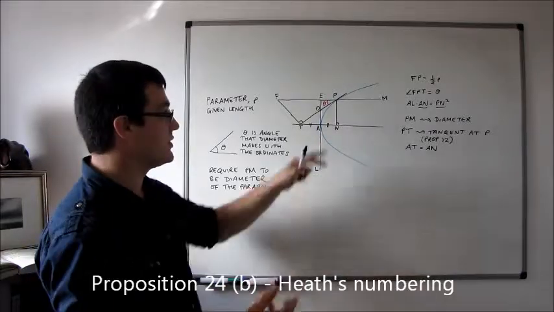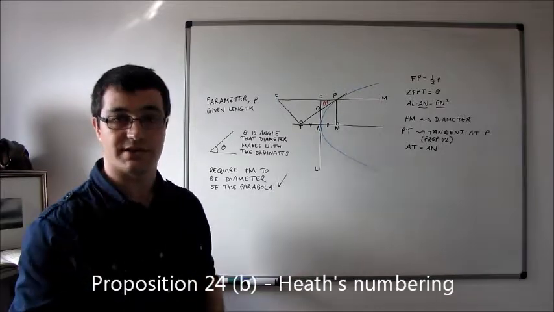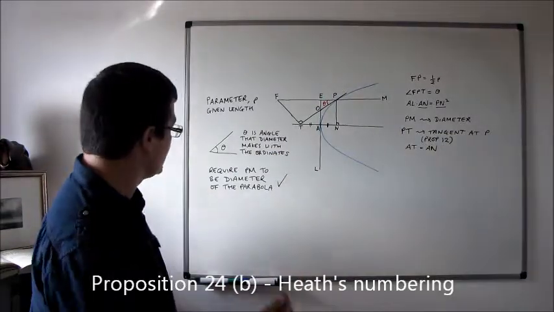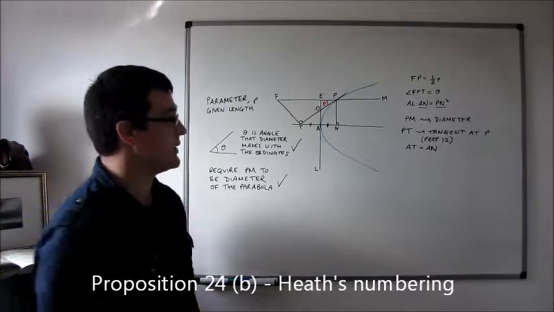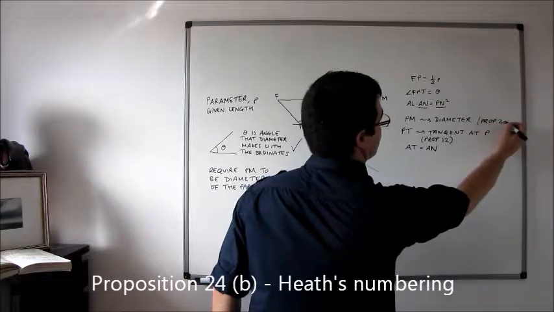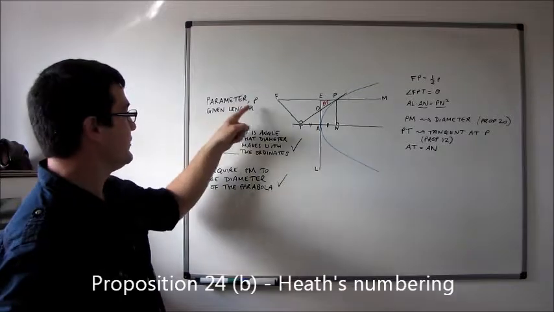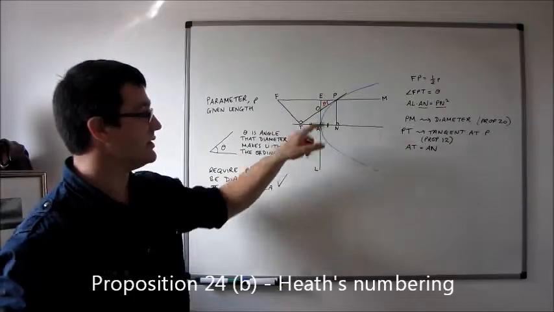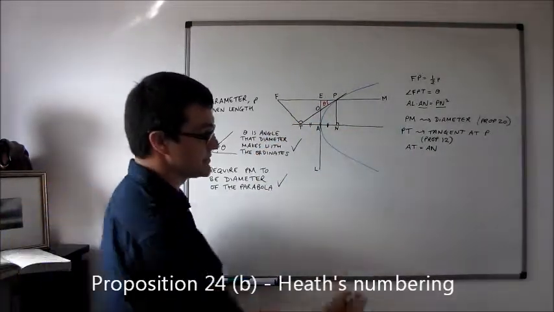In other words, the chords that PM bisects, this series of chords, will all make an angle theta with this diameter PM. So that's the second one. This also follows from proposition 20. So now we've just got the last bit. We need to show that p is the parameter of this parabola with respect to the diameter PM, and then that completes the picture for us.